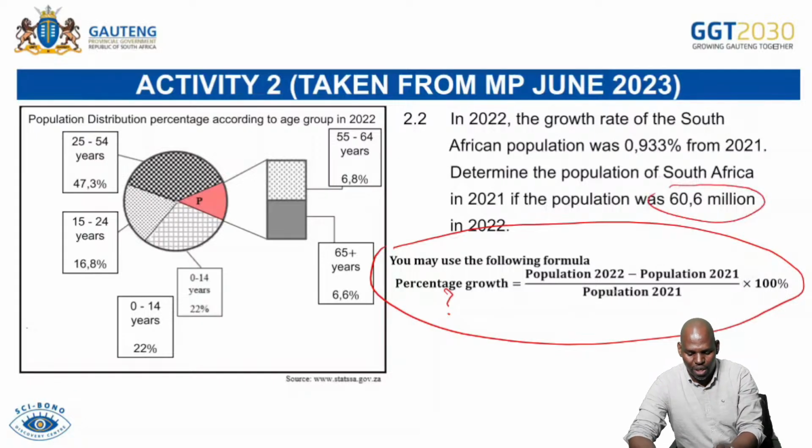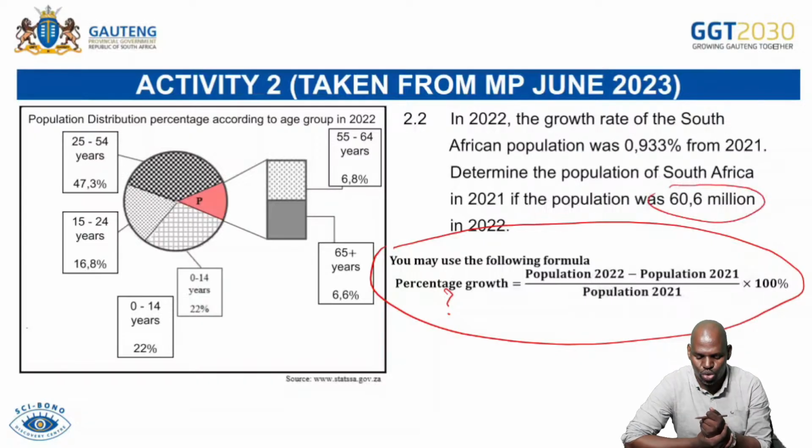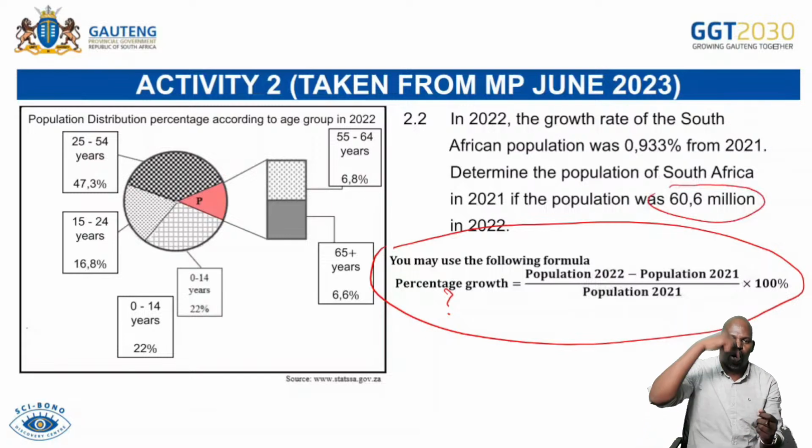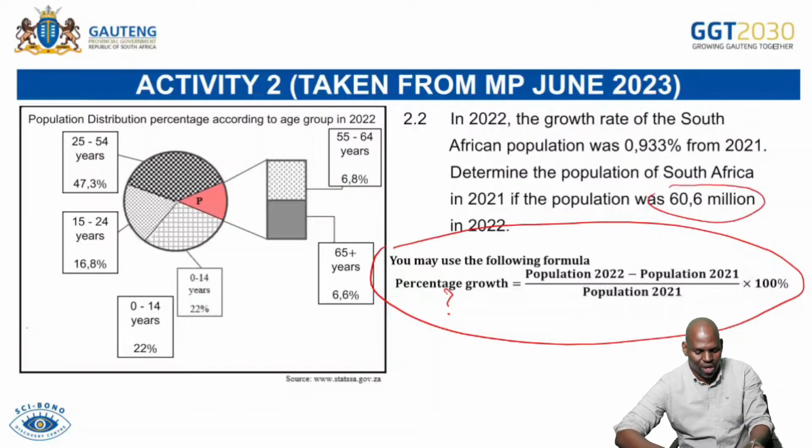And then the population in 2021 is the one that we need to calculate. Do we know the population in 2021? We don't know the population in 2021, so we need to calculate it. Very important, the first thing is you need to know how to substitute which one is which. If I go to the formula, I'll say, right, percentage is 0.933%.